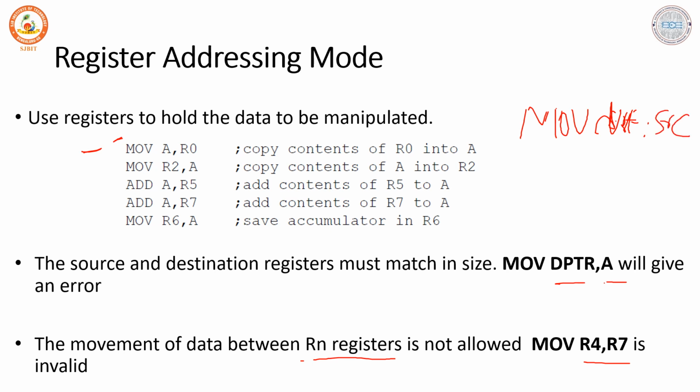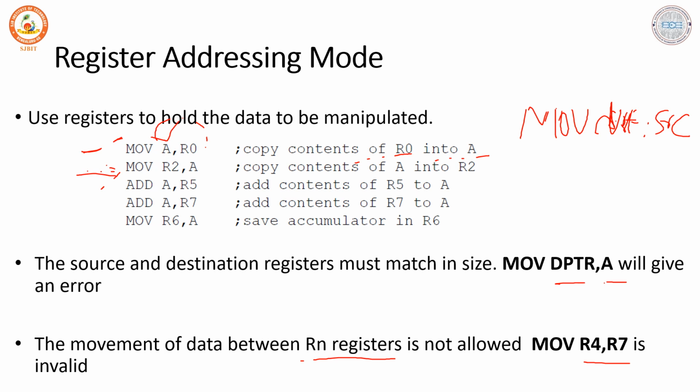So the contents of R0 are loaded into A. In the first instruction, MOV A, R0, the content of the R0 register is taken and copied to the accumulator. Similarly, we have MOV R2, A, where the content of the accumulator is taken and loaded into R2.